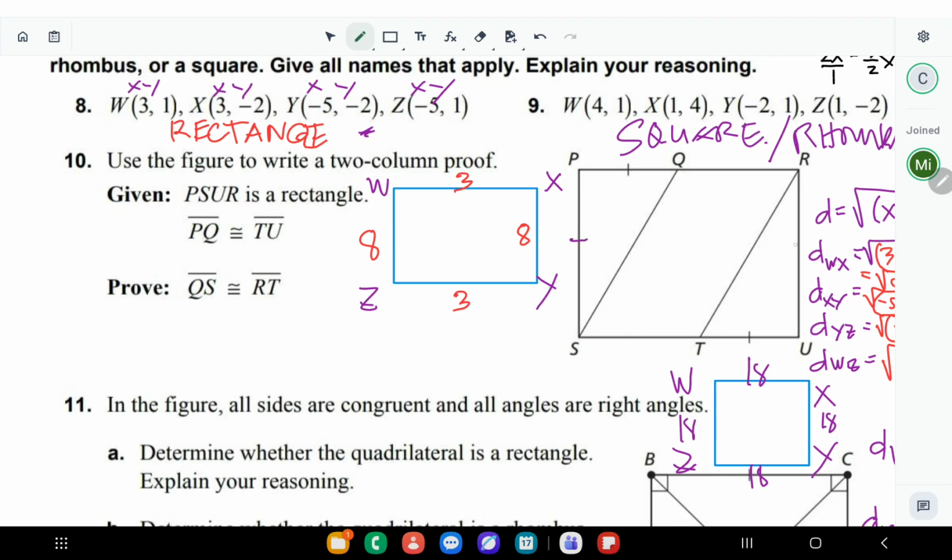This side is congruent to this, and this side is congruent to this side. And the diagonals, since they are congruent, this one is also congruent, because we form two triangles here.